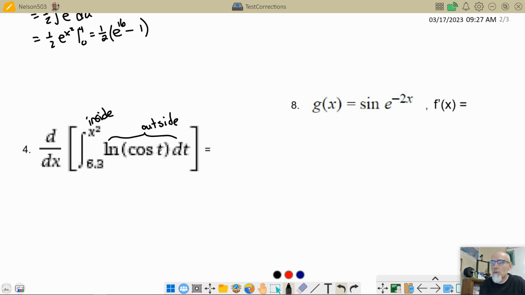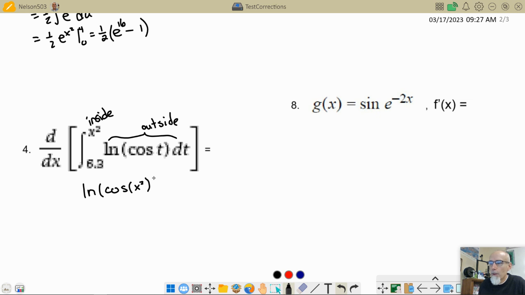So in the chain rule, if we take the derivative of the antiderivative, these two kind of cancel each other out, and we get the outside function, natural log of the cosine. But we are sticking in this x squared.